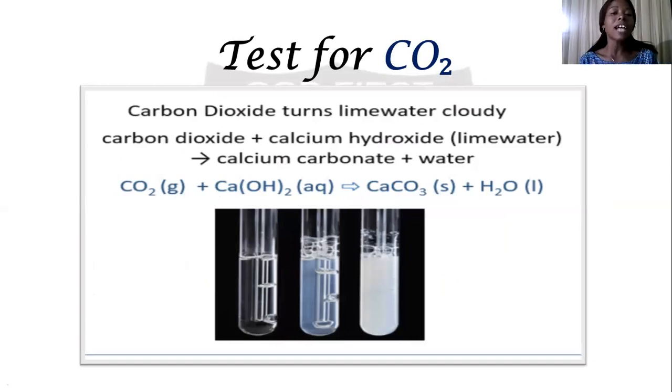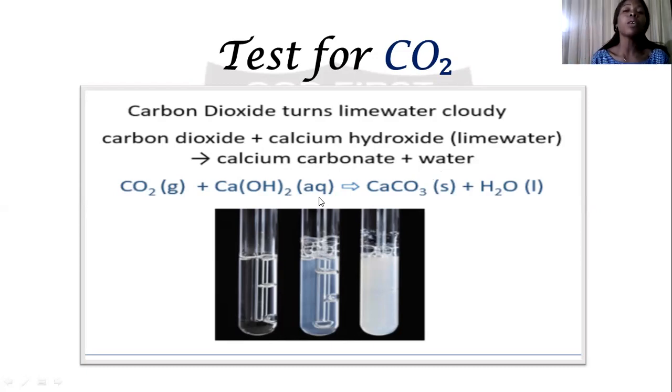So when you react them, carbon(IV) oxide plus calcium hydroxide, lime water, will give you calcium carbonate and water. Now, did you see the product? Calcium carbonate is insoluble in water. That's why it will be cloudy. It is a kind of precipitate.